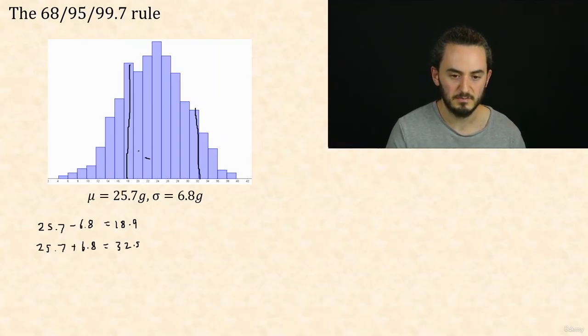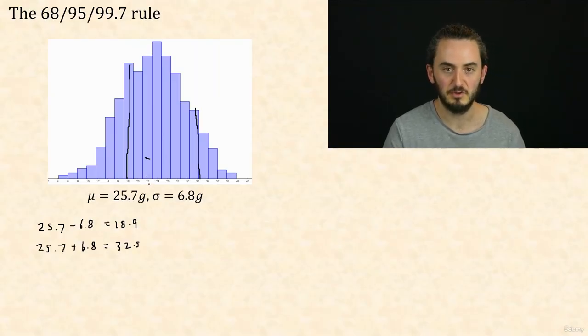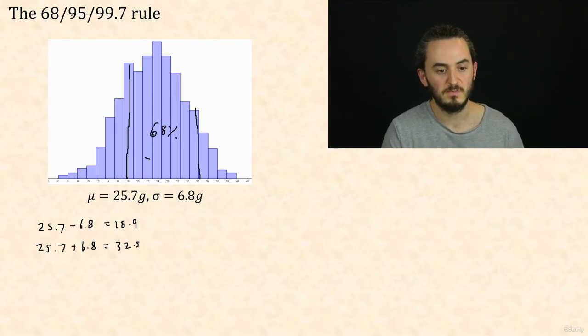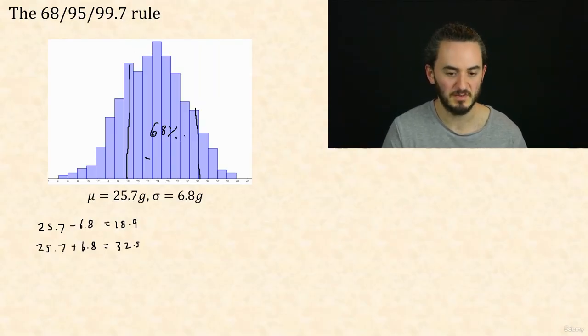Okay, so on a perfect normal distribution that would be beautifully symmetrical. And what they find is it is about 68%. Now looking at the title of this lecture, that's where that number comes from.